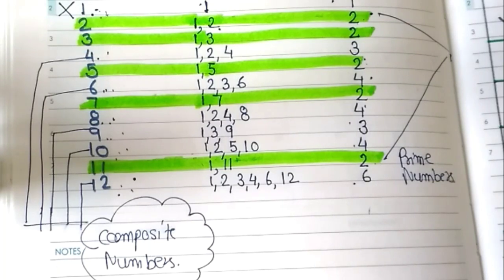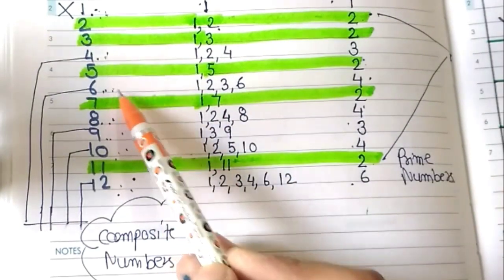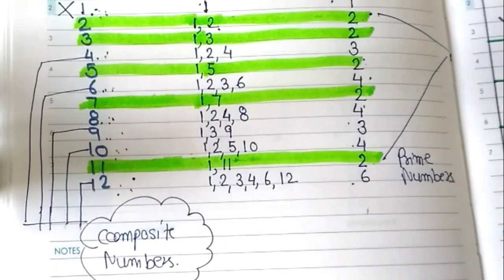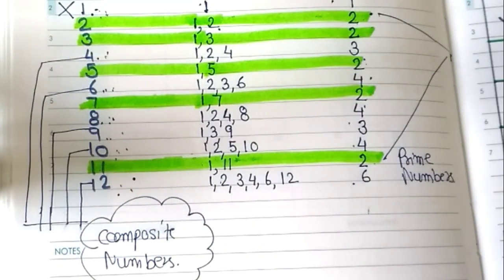These are numbers having more than 2 factors, like 4, 6, 8, 10 and 12 and so on. These numbers are called composite numbers. So the definition is: numbers having more than 2 factors are called composite numbers. So now you know the meaning of prime numbers and composite numbers.